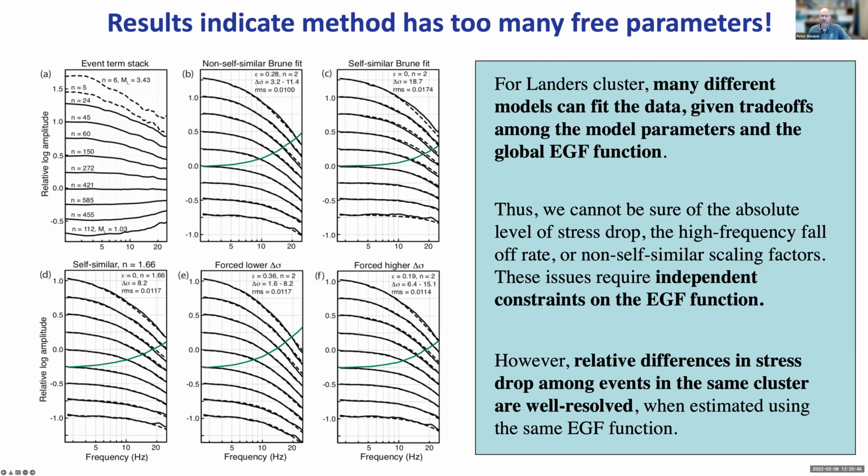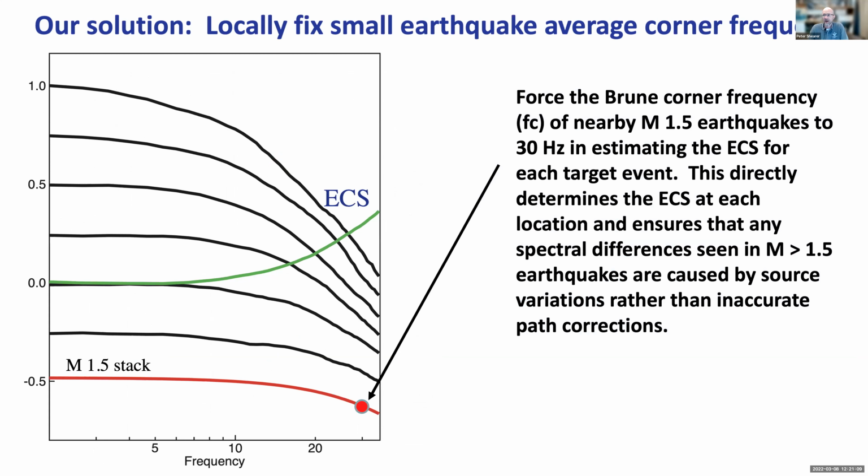I should say, however, once you have decided on the green curve and you use that for the processing, you're still going to do reasonably well in resolving the relative changes in stress drop within the same cluster.